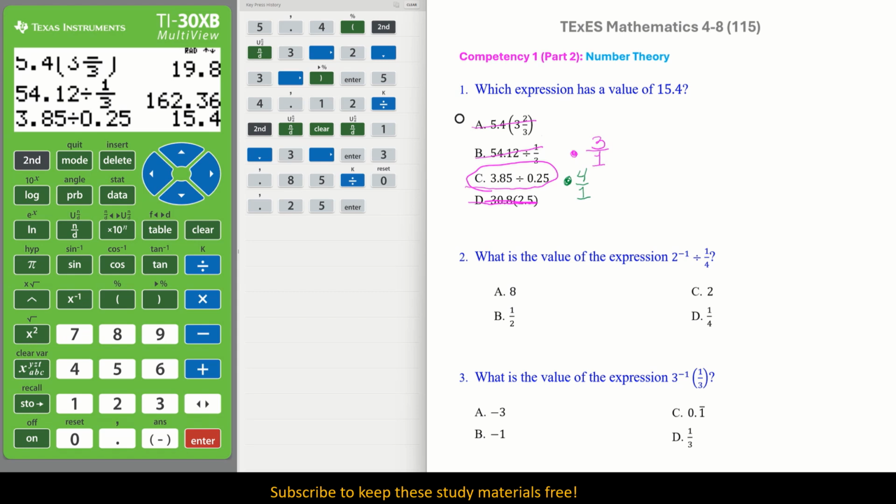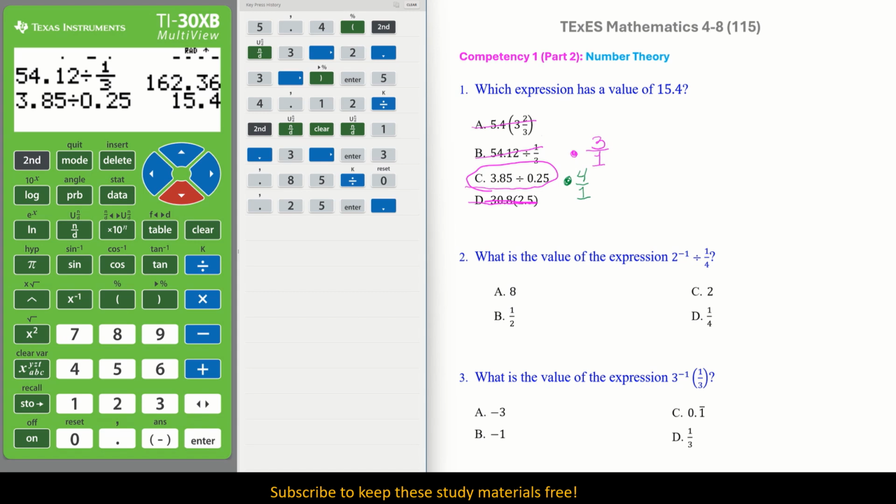All right, let's look at number 2. What is the value of the expression 2 to the negative 1 divided by 4? I'm going to arrow down. See what happens when I arrow down? It clears up some space. That's one thing about this particular calculator: it doesn't always automatically arrow down and give us the space we need.